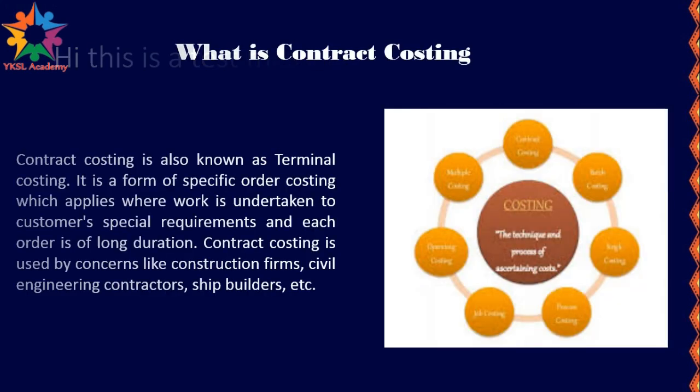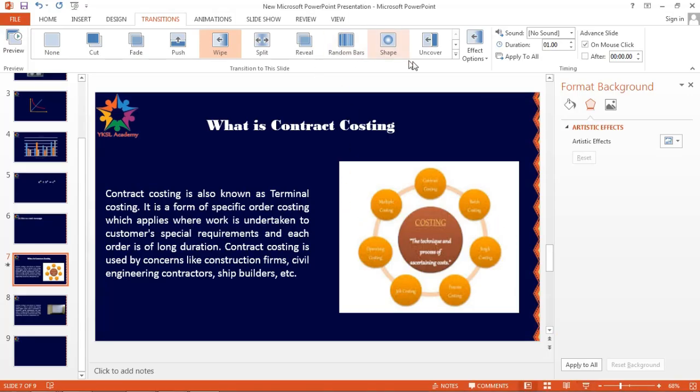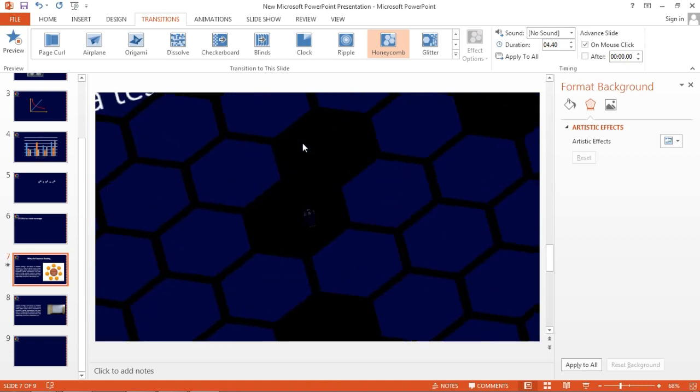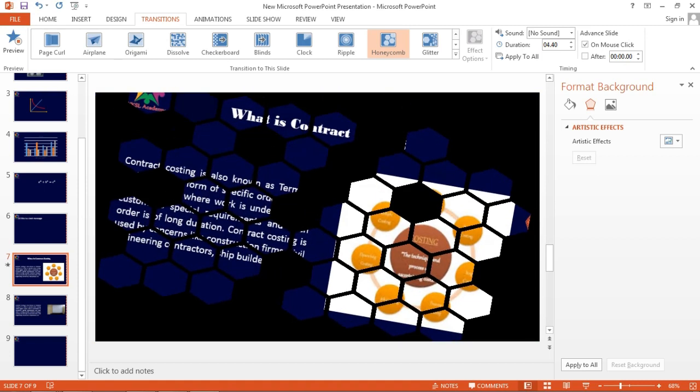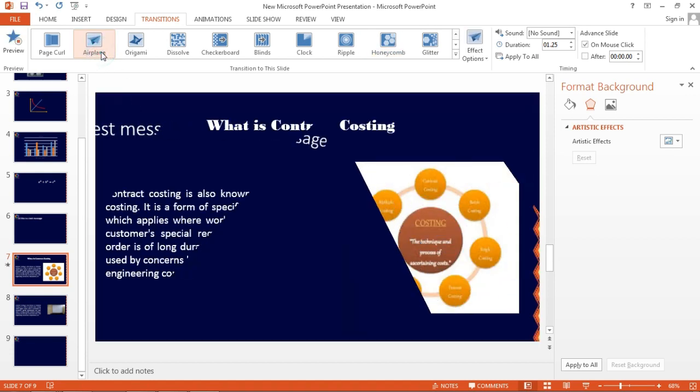So after this one, okay, like this you can apply any kind of transitions which are already there in the transition box, right? Honeycomb, right? Whatever you like, you can apply here.